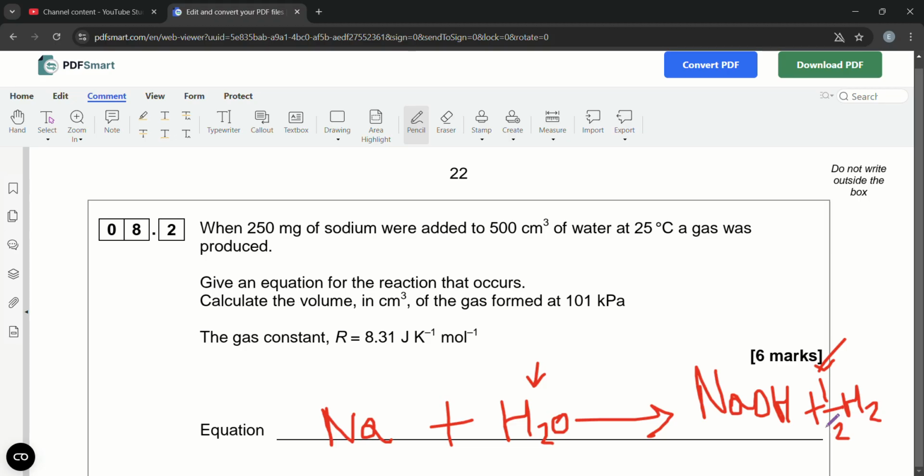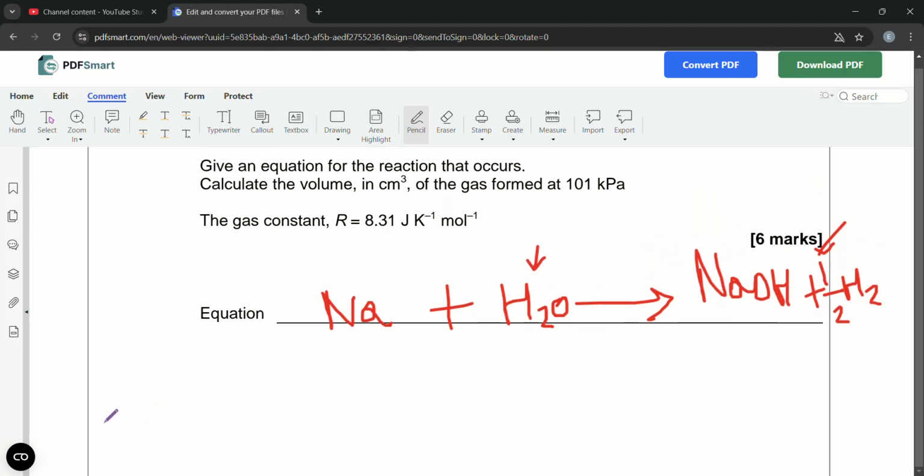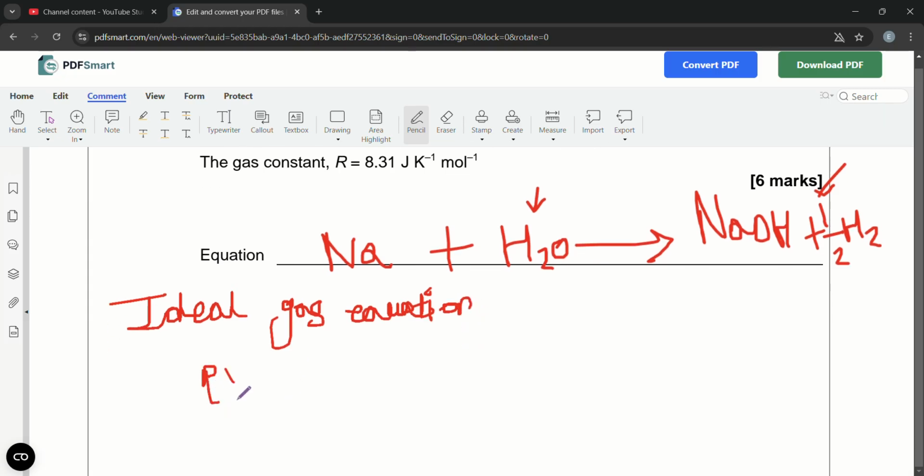Now we need to calculate the volume of the gas formed at 101 kilopascals. Well, if we think about the ideal gas equation, because that's ultimately what we're going to be using for this question, PV equals nRT.